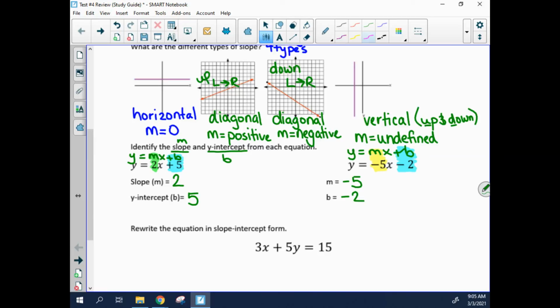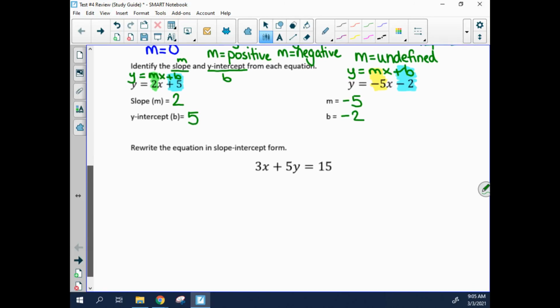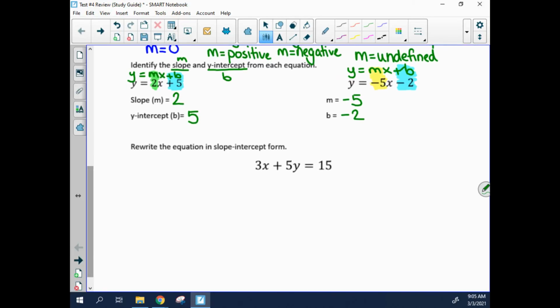Rewrite the equation in slope-intercept form. So I'm going to rewrite this equation and I'm actually going to extend it and ask us to find slope and y-intercept. So in order to find slope and y-intercept, to find my m and to find my b, I need to have this into slope-intercept form. And I'm just going to keep rewriting y equals mx plus b to remind you. Remember, that means that y has to be by itself. So that means I cannot touch this 5y until I get it by itself.